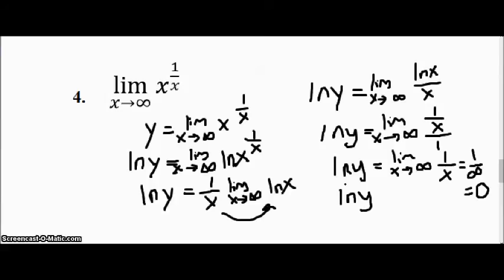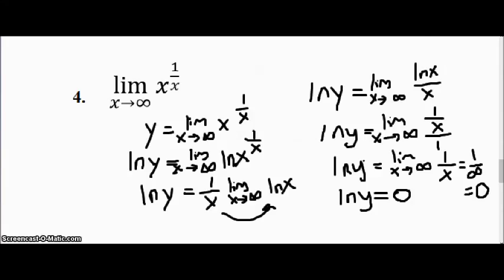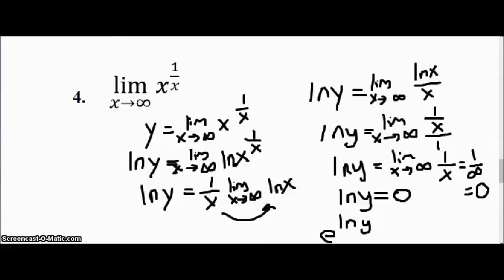Now that we know that the natural log of y, remember, y is this x to the 1 over x, is equal to 0, we can now plug that into another clever function, which is e to the ln of y. Now remember that e to the ln of something is the same thing as that something.